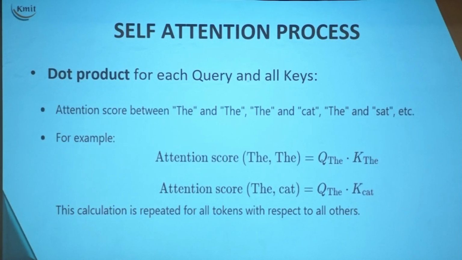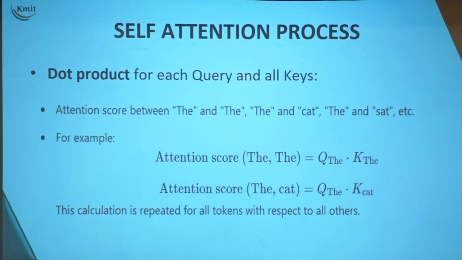For the example we have taken, the cat sat on the mat, the first word is the. So the becomes my query. And what are all my keys? The, cat, sat, on, the, mat. Those are all key vectors. My query vector is the. Now I will find the dot product between the and the.